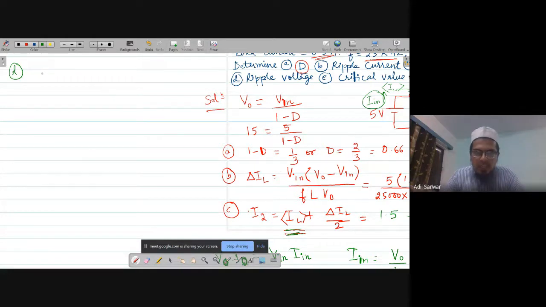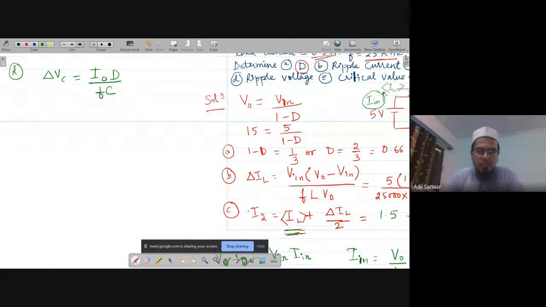Delta VC is equal to IO times D upon FC. This is one of the expressions for the ripple voltage. There are multiple ways of representing the same equation. I'm using it because we know the terms that appear in this expression, and we can easily find the ripple voltage.